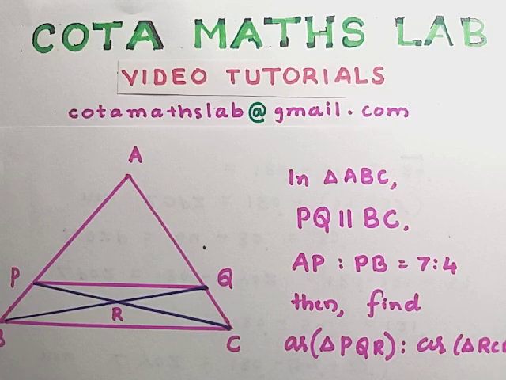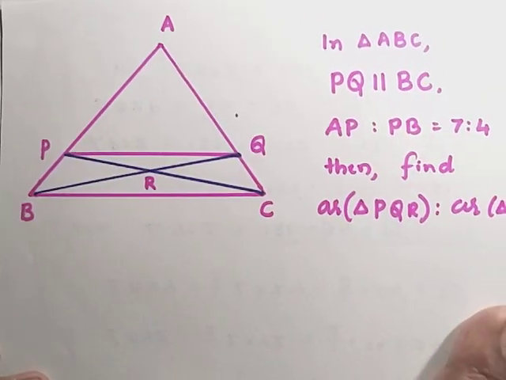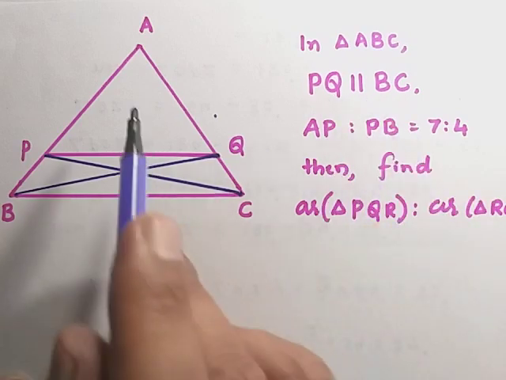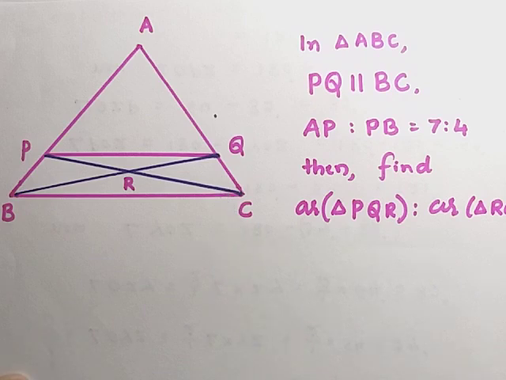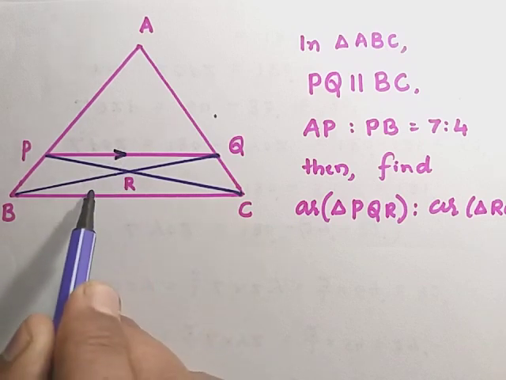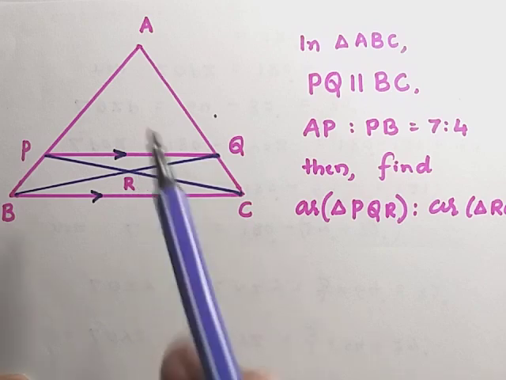In this video, we are going to discuss a problem on the concept of similarity of triangles and areas of similar triangles. The question says: in triangle ABC, PQ is parallel to BC, and AP is to PB is equal to 7:4.